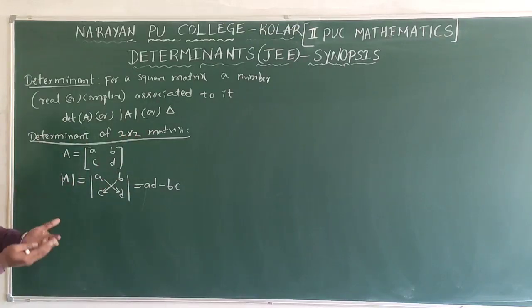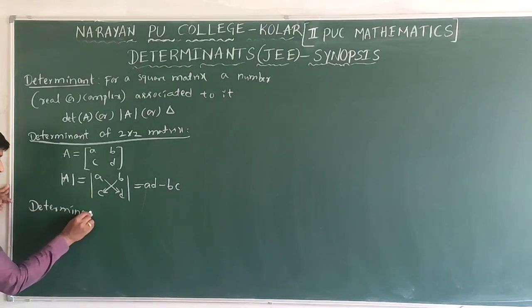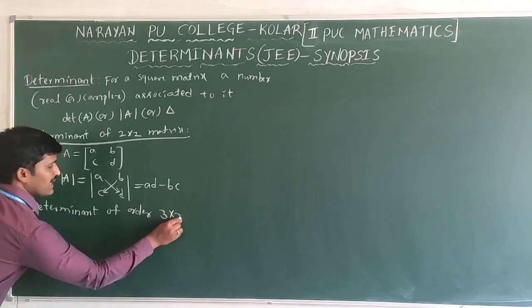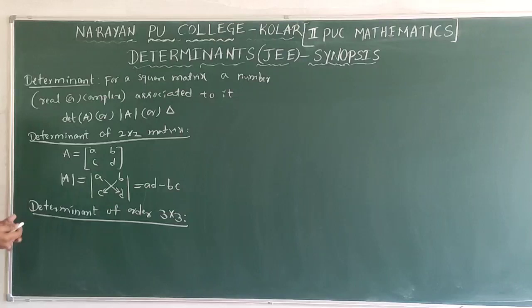Next, coming to the third order determinant. How to find the determinant of order 3x3? Already we discussed it in PU.